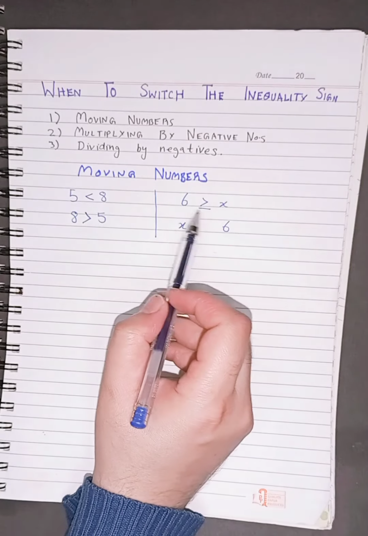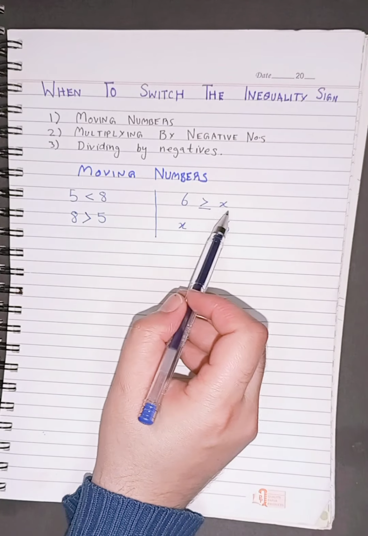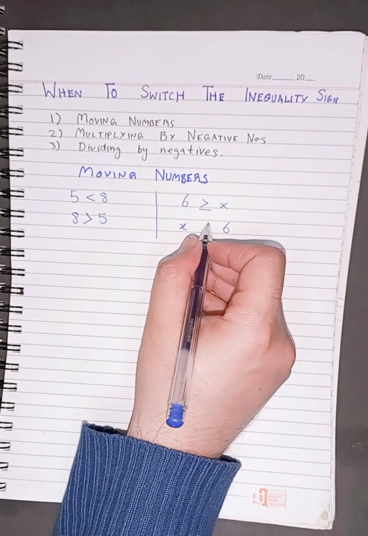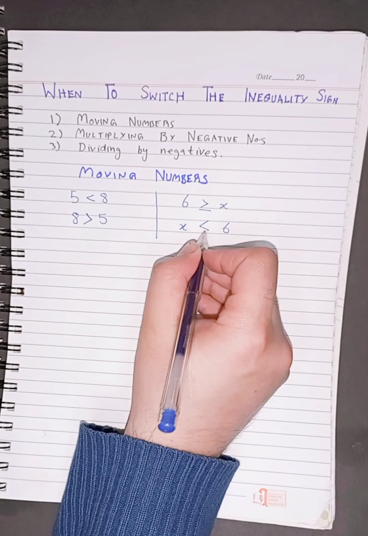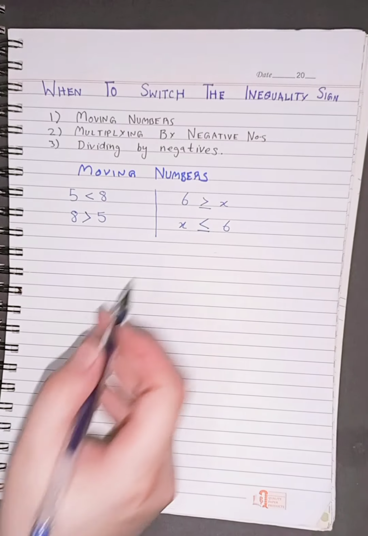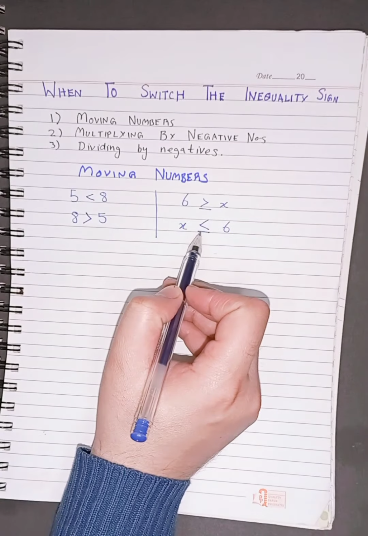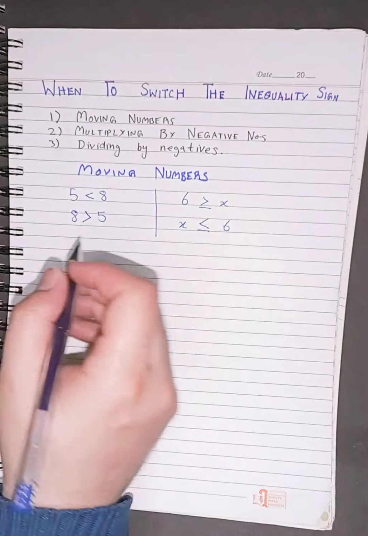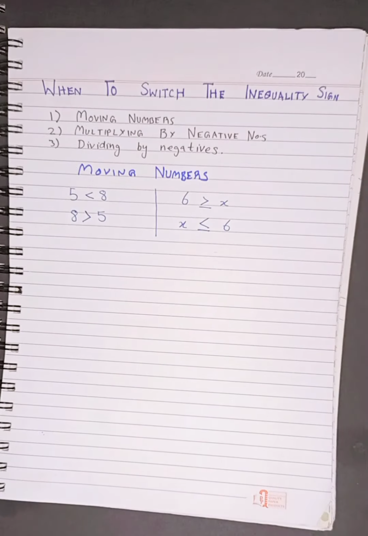In this case you can see that we have changed the positions, so obviously we will now switch the sign. First of all, it was greater than equal to, now it is less than equal to: x is less than equal to 6.